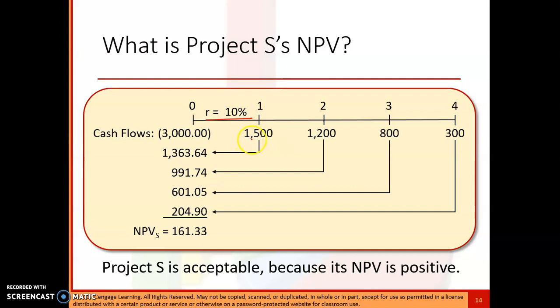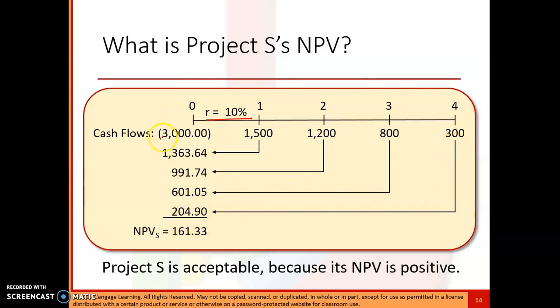So our $1,500 cash flow in the first year, that's 1,500 divided by 1 plus 0.1. So that's $1,363. 1,200 divided by 1.1 squared, 800 divided by 1.1 cubed, 300 divided by 1.1 to the 4th power.